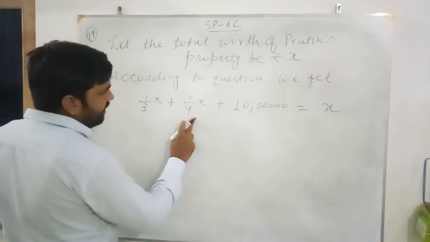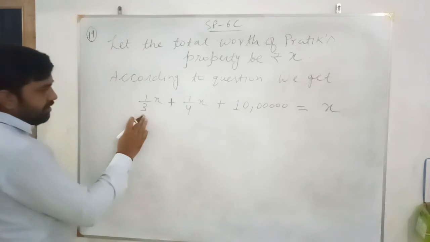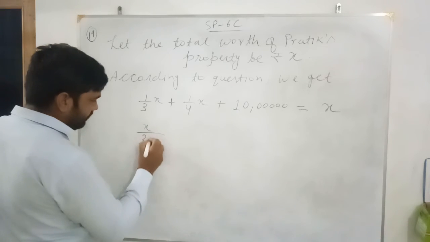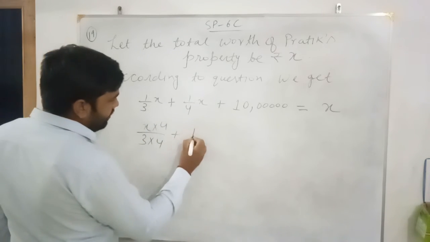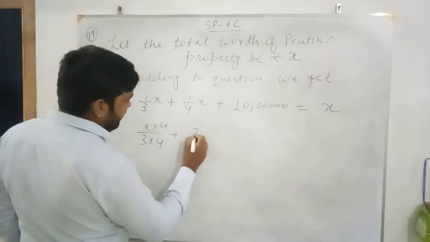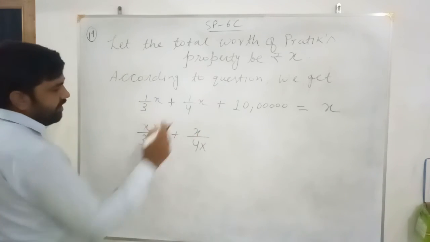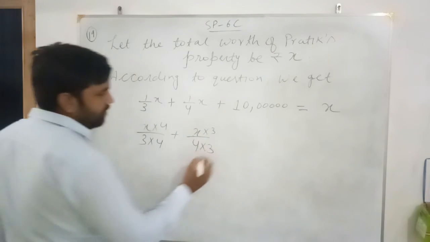The LCM of 3 and 4 will be 12. What you multiply in 3 to get 12 is 4, so x by 3 into 4, multiply 4 in the numerator also. Here x by 4, what you multiply in 4 to get the 12 is 3, so multiply 3 in the numerator also.